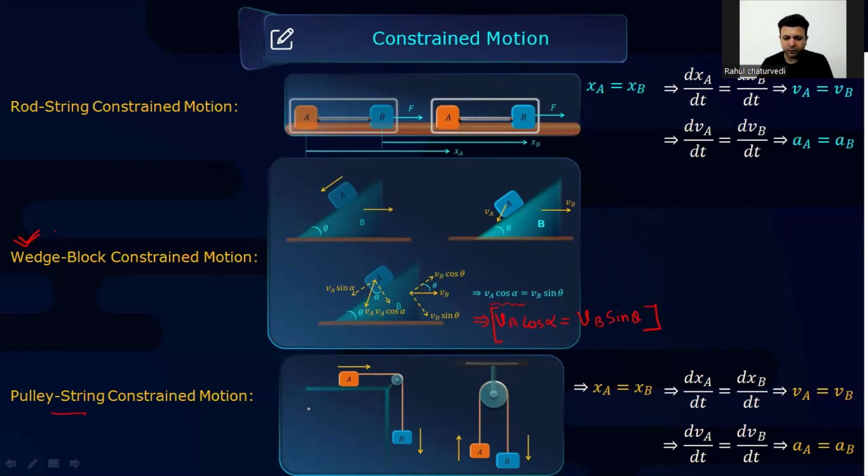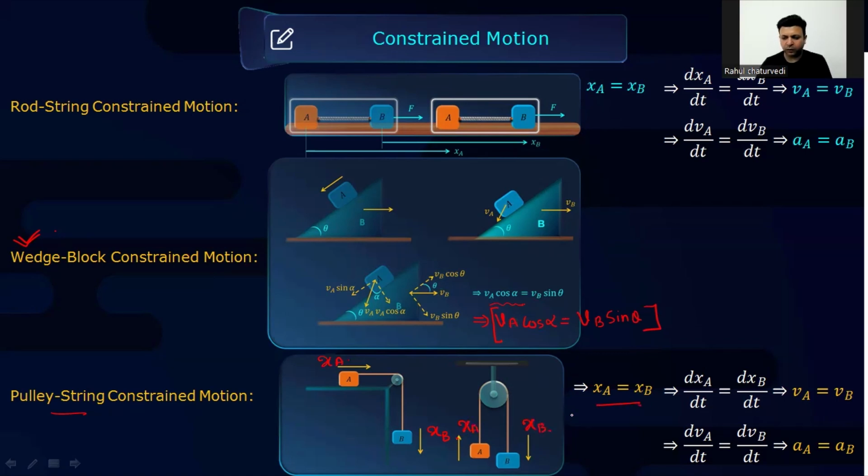Pulley string constrained motion. For pulley string constrained motion, as we have seen in the previous example, A and B can be connected, like A in the horizontal plane and B connected by the rope. The position or displacement of block A and block B will be the same, since they are connected by a massless string.